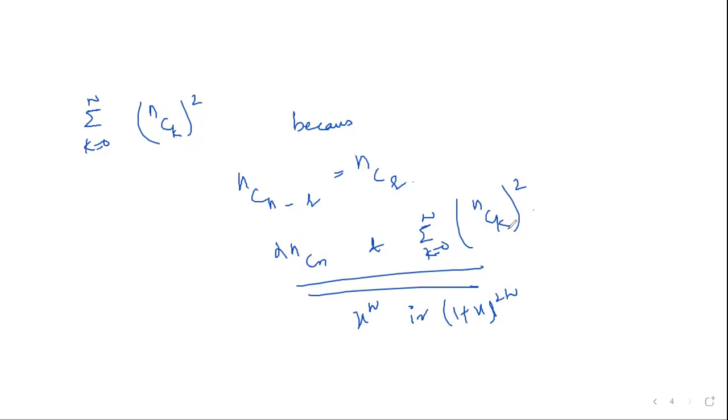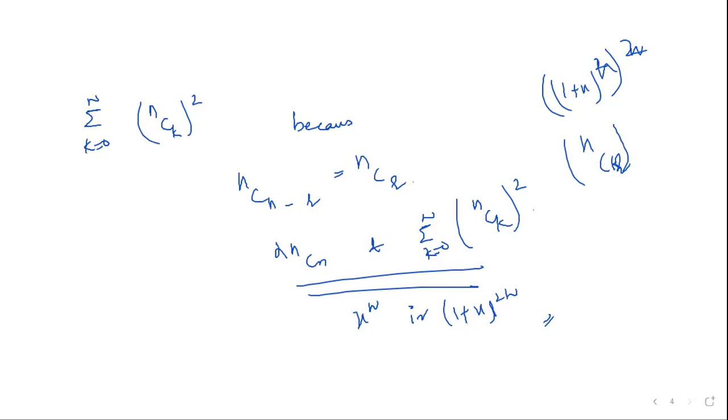What is nck whole square? It is the coefficient of 1 plus x whole power n, whole square. So whenever we want the coefficient of x power n, with n here and 2 here, it will be nck or ncr. Now 2ncn is also the same thing. So this proves your theorem first, and this is very, very important.